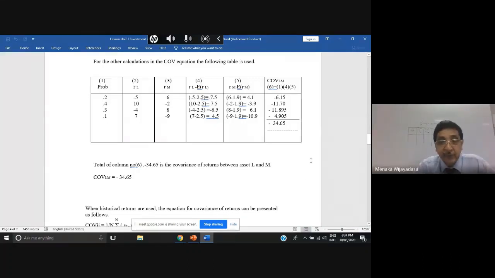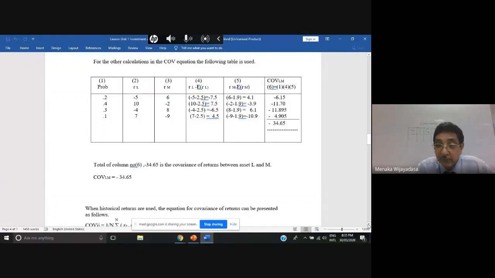Now we did the calculation not for historical returns, but for expected returns. In other words, all these are futuristic figures. But there can be a situation where you need to calculate the covariance on the basis of historical returns.